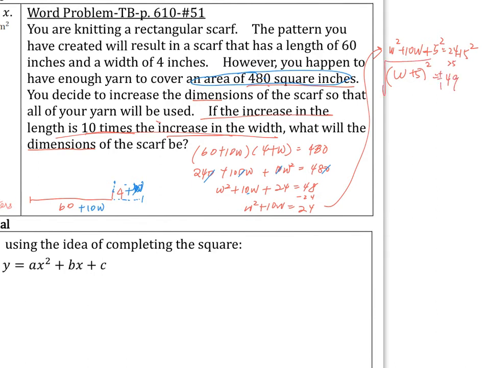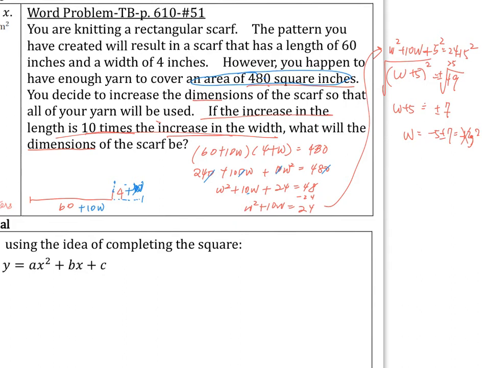Square both sides. So W plus 5 equals positive or negative 7. W equals negative 5 plus or minus 7. You have negative 12 or 2. Well, we're not interested in the negative length, so we're going to use 2.